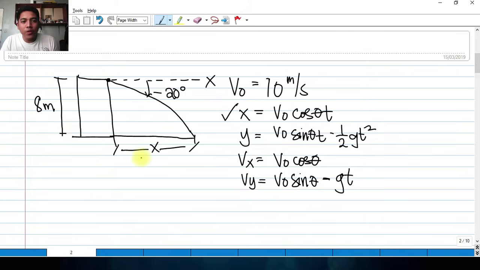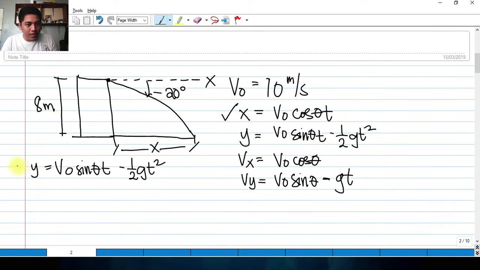Okay, so we're going to use the given in order for us to find the time, and then we're going to multiply that time to this so that we can get the x.